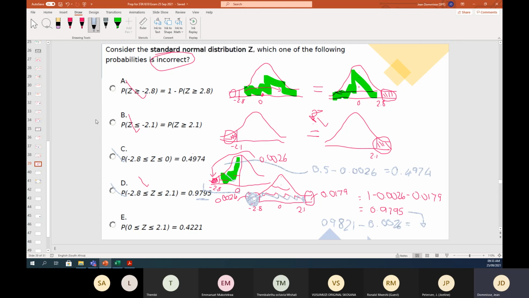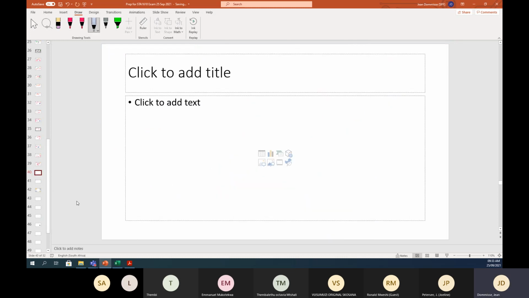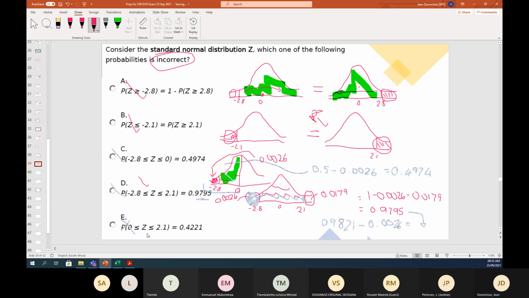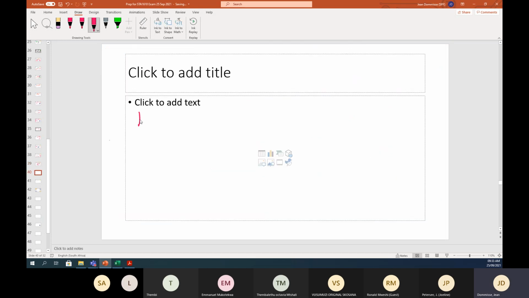Then obviously if all of those are correct, this one is wrong, but let's just include a new slide so that we can work that out. They ask us to work out z smaller or equal to 2.1 and bigger than 0.